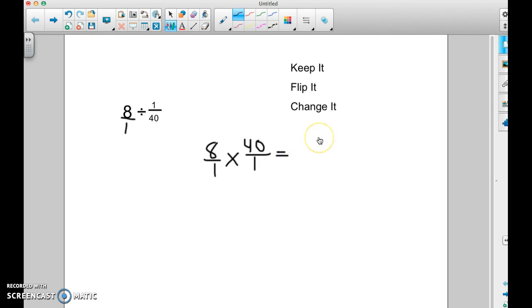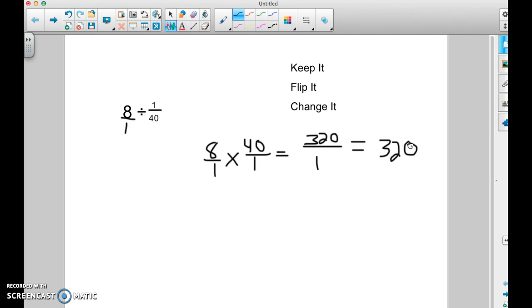Now, 8 times 40 is 320. And then 1 times 1 is 1. And we all know that 320 over 1 is also equal to 320. If you can knock those types of problems out, I think you're going to be feeling pretty good.